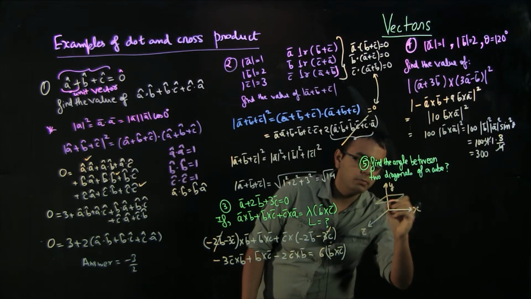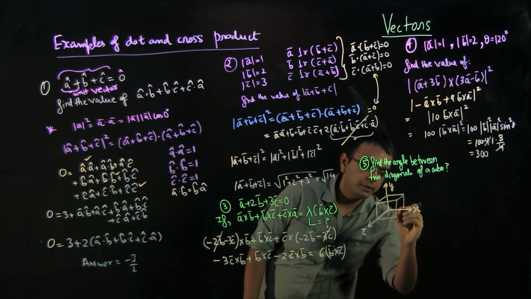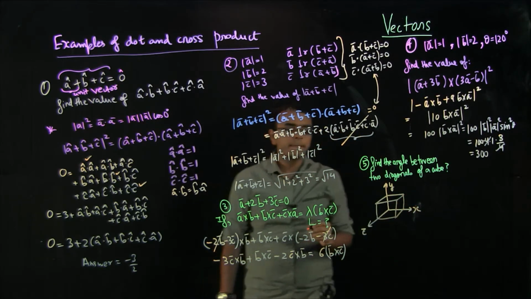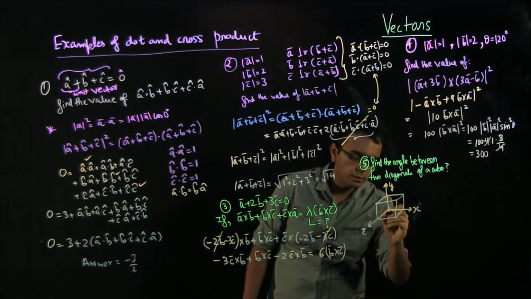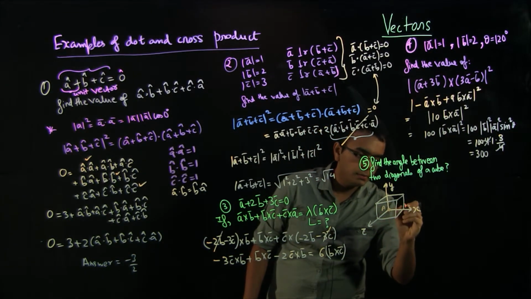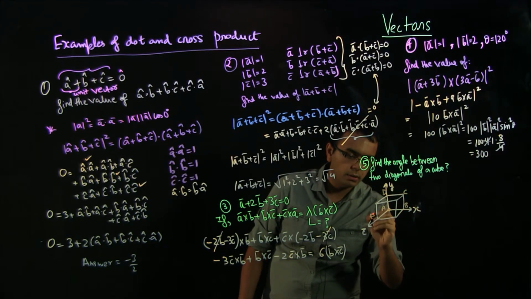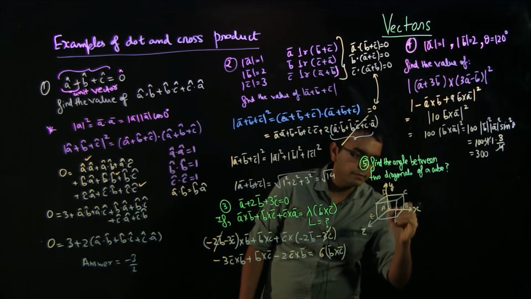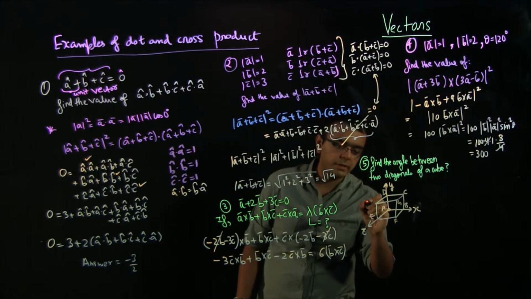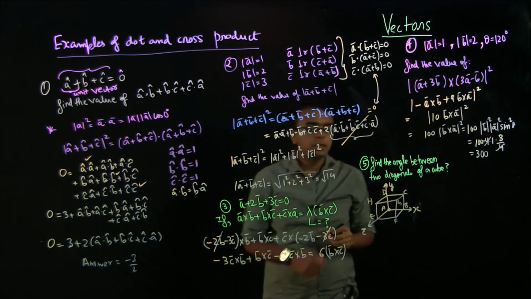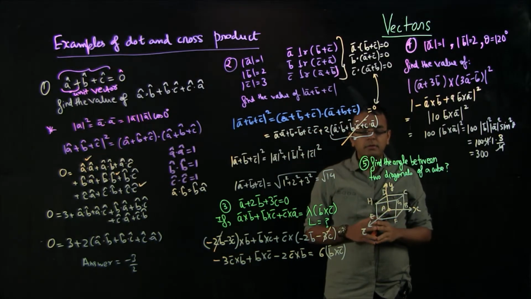So let us say A, B, C, D, E, F, G and H are the 8 vertices of the cube.